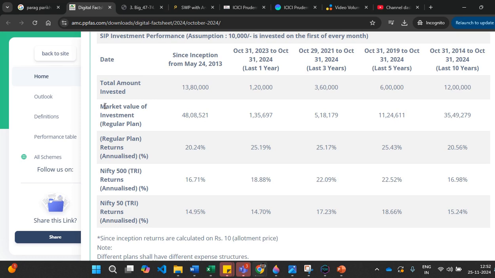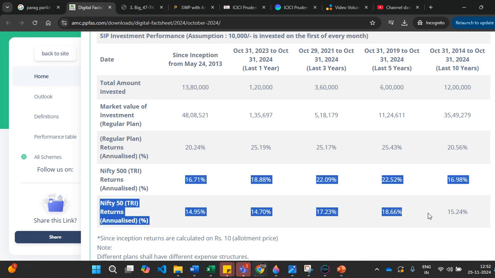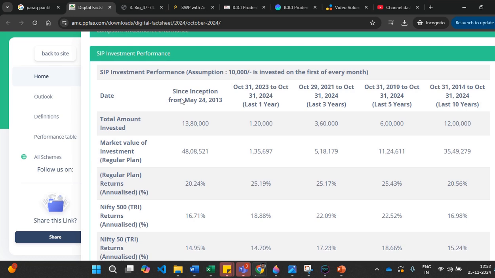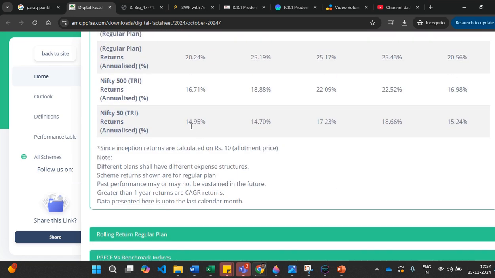The market value of the investment will be this much, and in the regular plan this much. Okay, and you can see what the Nifty would have given, this percentage, and what the Nifty 50 would have given on this investment. So whatever the plan has given, it has always beaten the benchmark they set. That is how you can see the performance in the SIP investment performance.